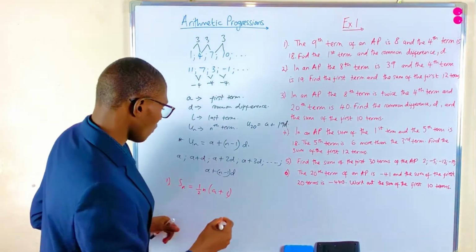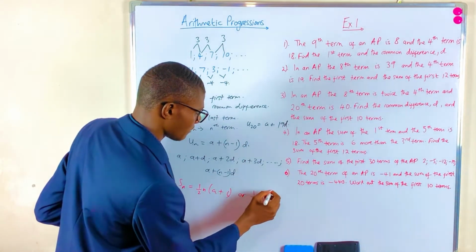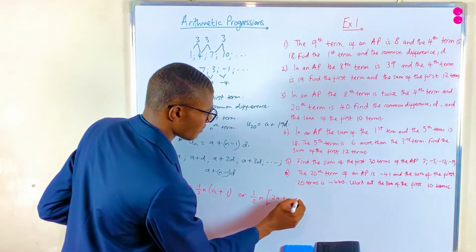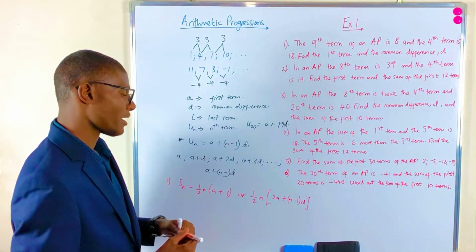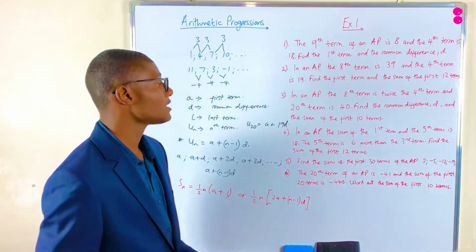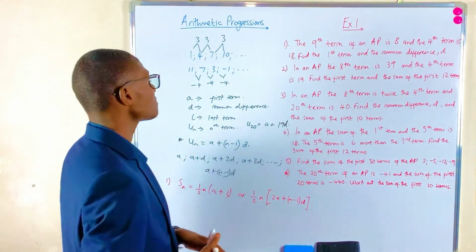We can also say S n is 1 over 2n multiplied by 2a plus n minus 1 times d, whereby a is the first term, d is the common difference, and n is the number of terms.